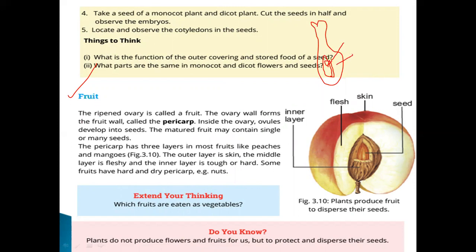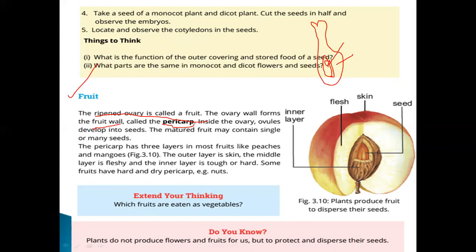Yes, so the ripened ovary is called a fruit. The ovary wall forms the fruit wall. The outer skin or peel, which sometimes we peel off, like in oranges and mango, is called pericarp. Pericarp is the fruit wall.